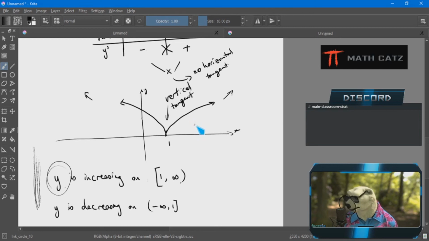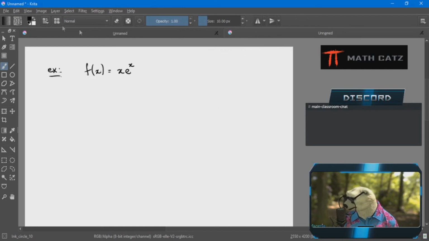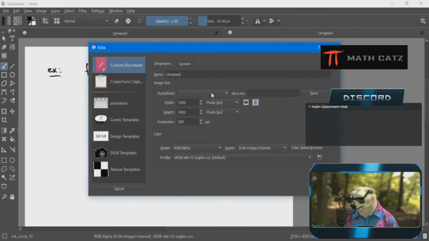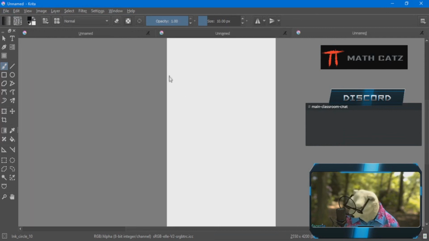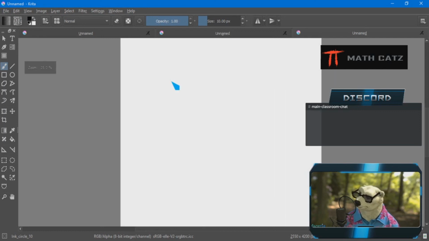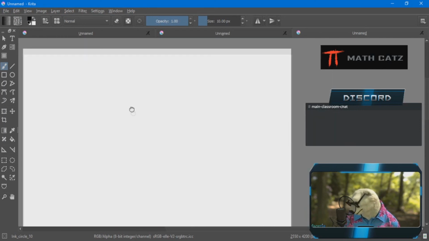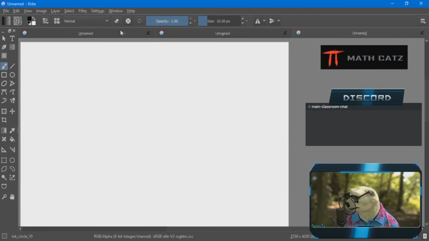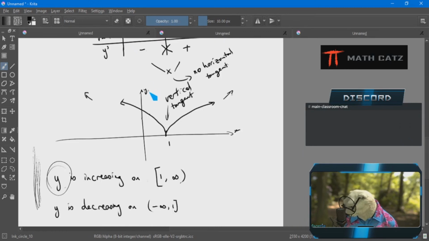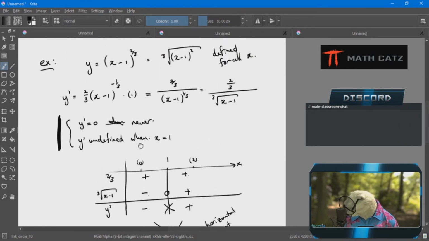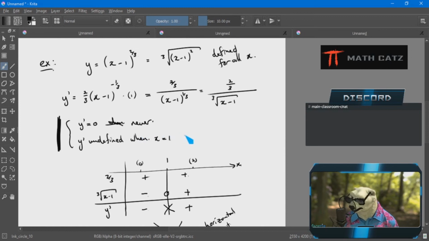All right. So before I move on to this example, actually, I want to classify these points that keep coming up that are interesting. When I look at this first example, I checked where is the derivative 0, where is the derivative undefined.